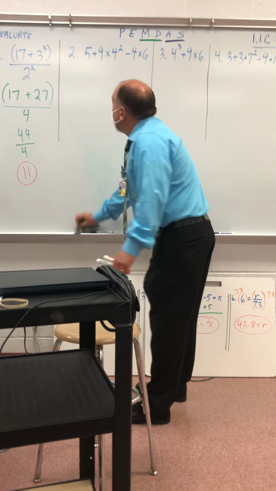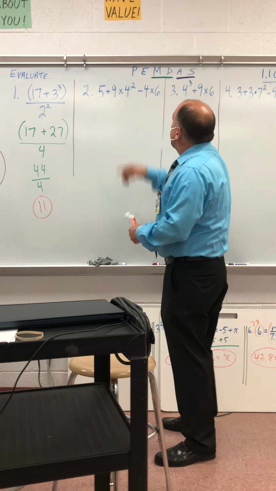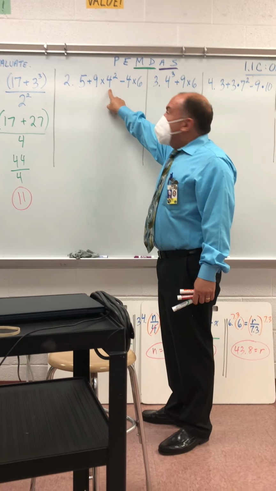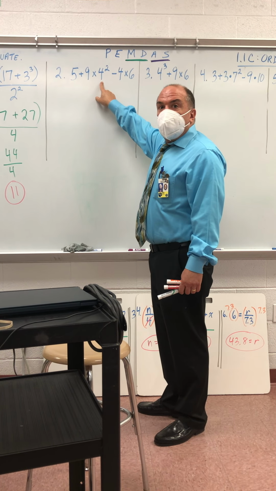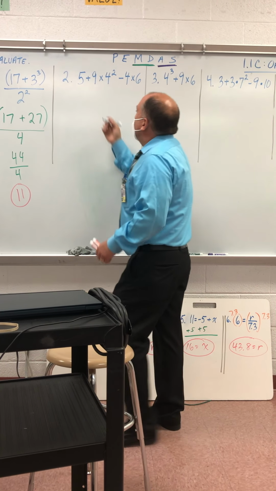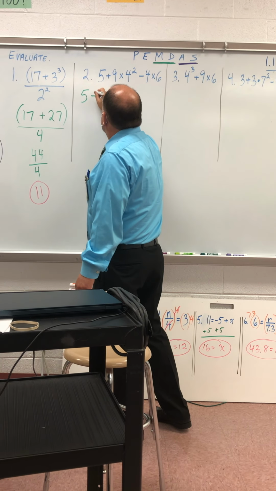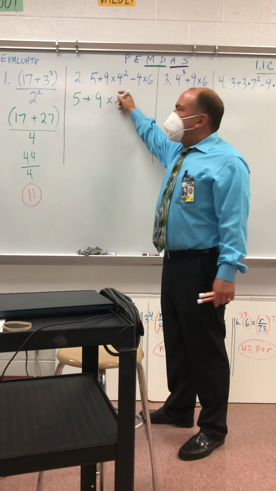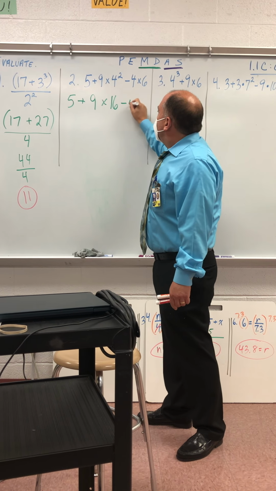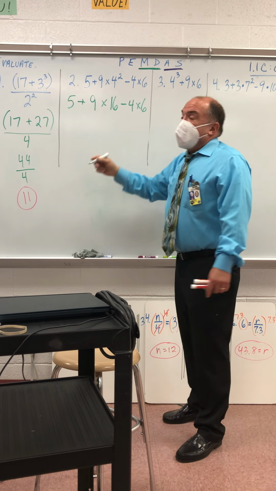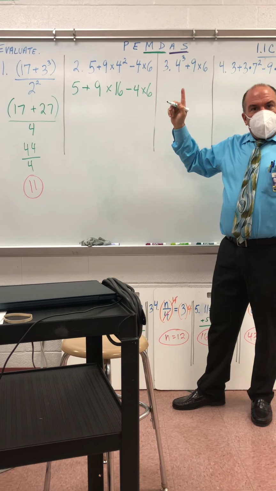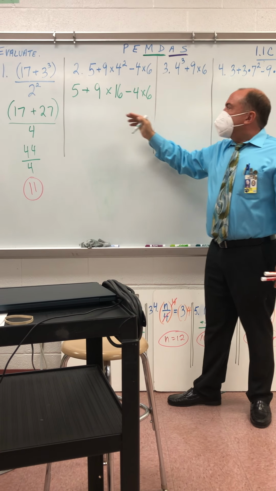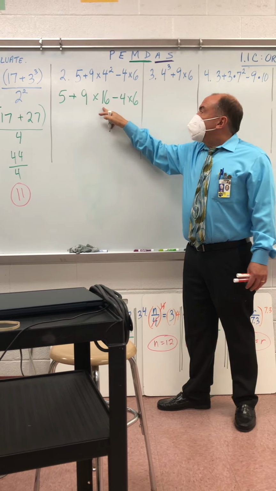All right. So here we go. There's no parentheses here, so I'm going to do the exponent first. 5 plus 9 times 4 times 4 is 16. Okay. Now be careful. You might forget. That's okay. You're allowed to make mistakes. We don't do the plus first. We do the times.